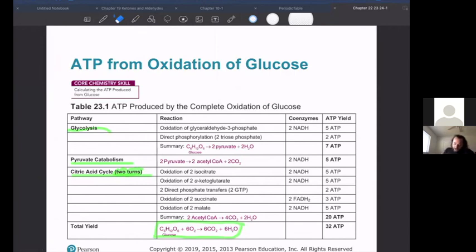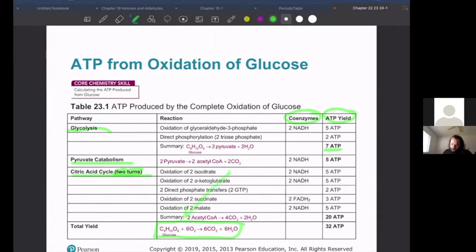For each of these metabolic pathways, you want to know how many coenzymes they produce, how many is a direct yield of ATP, and then factoring in the electron transport chain, what the total amount of ATP you would get from both direct and the indirect, what that would be. So you want to know that for each of these different metabolic processes. Being able to fill this chart out when it was empty is like the most important part.